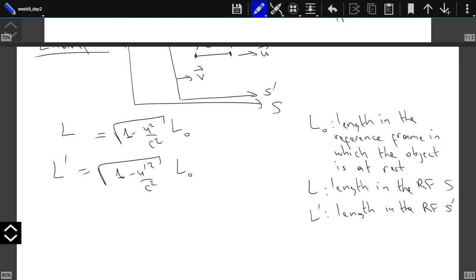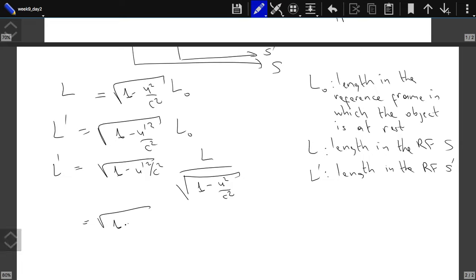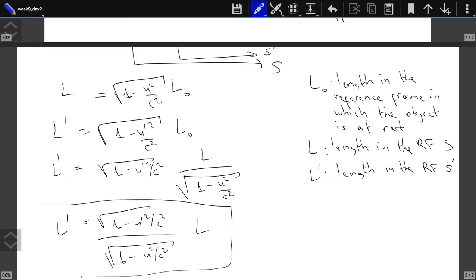Or L prime will be square root of 1 minus u prime squared over c squared times L0, and L0 is just L over square root of 1 minus u squared over c squared. So this is the length of the object observed in the S prime reference frame. Now there's still one thing we should calculate. What is u prime?